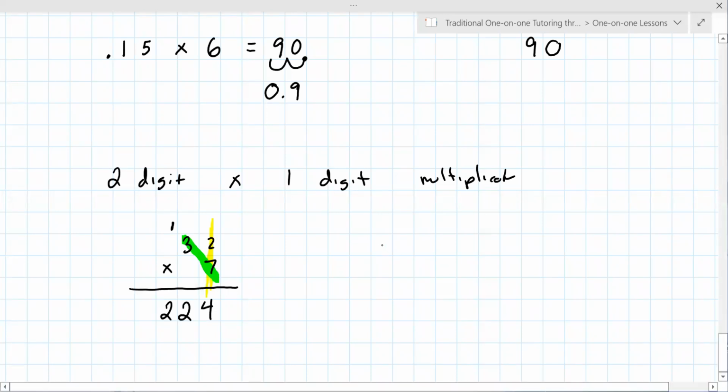Let's have you try one here. Let's go 19 times 6. Go ahead and try this one on your own, please.